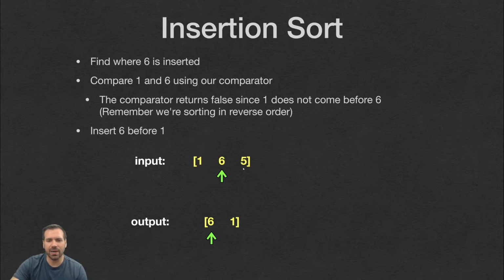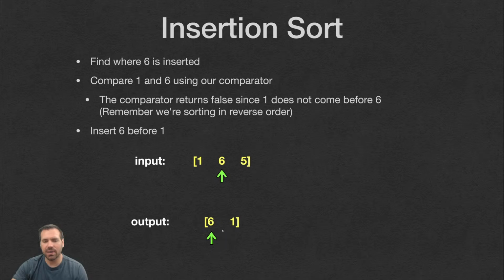So for 5, we're going to ask this question twice. We're going to go through everything in the output and say, does 6 come before 5? The answer is yes, because 6 is greater than 5. Does 1 come before 5? No, so we don't count that one. So we counted 1 value that comes before 5 in the final output. That means 5 should be inserted at index 1, and then everything else should be moved down.